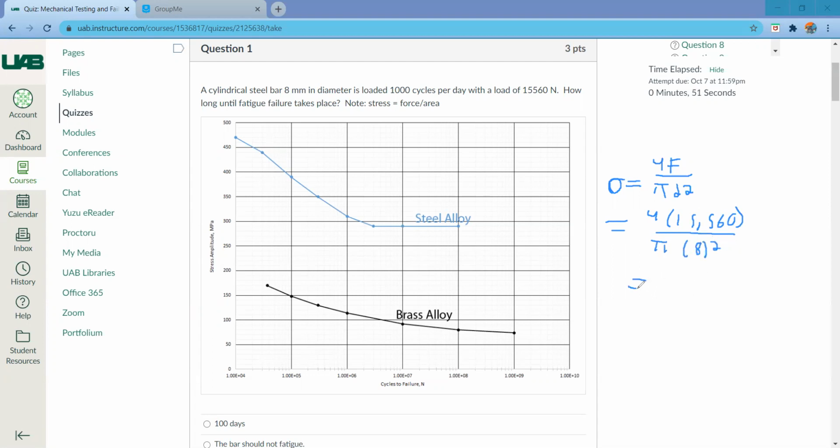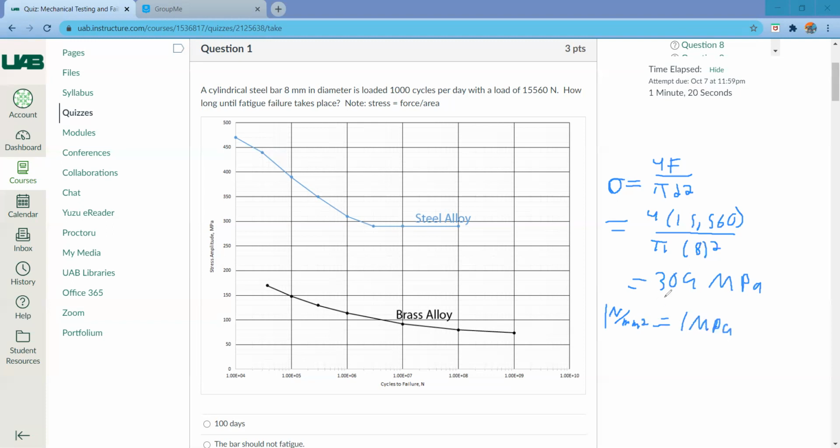This is going to equal 309 megapascals. One thing to keep in mind is that 1 Newton over millimeter squared is equal to 1 megapascal.